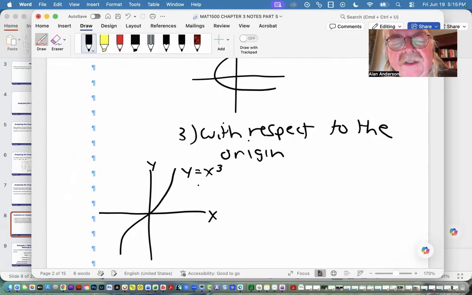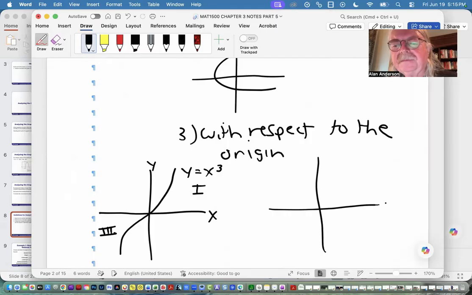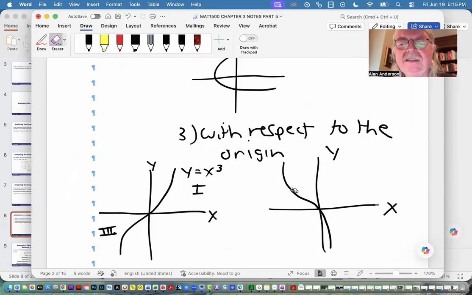So here with y equals x cubed, the first and third quadrants are mirror images of each other. And then we could also have this case. Oops, all right, let me fix that one.